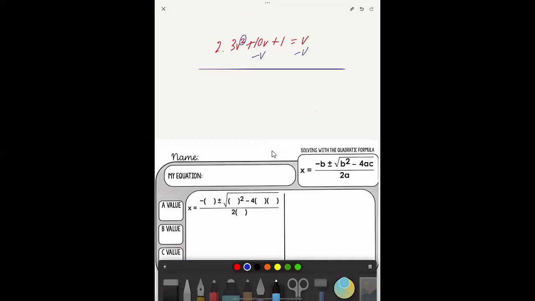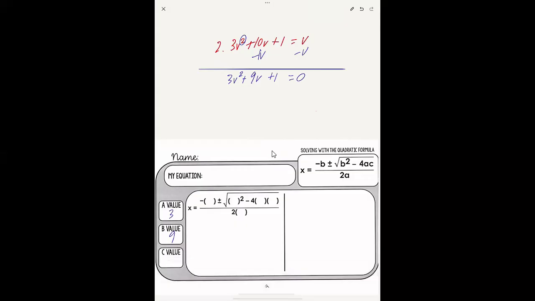So this is going to be 3v squared, 10 minus 1, remember, is going to be a positive 9v, and then plus 1, equal to 0. So that's what we're going to put here: 3, 9, and 1. And then again, you're going to plug it into the appropriate places. I'm not going to do that because once you get to A, B, and C, you just plug them in.